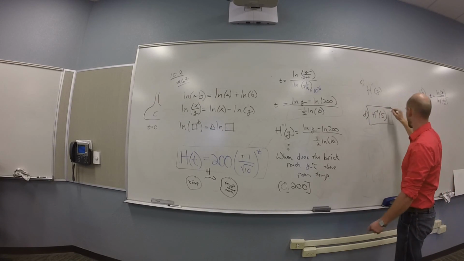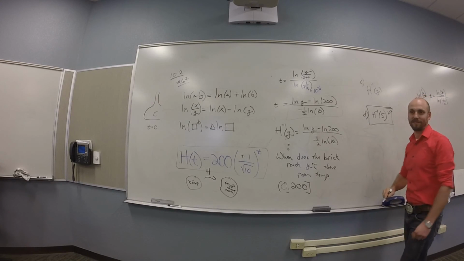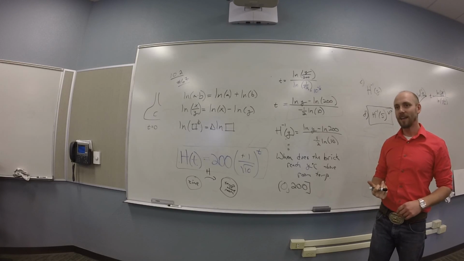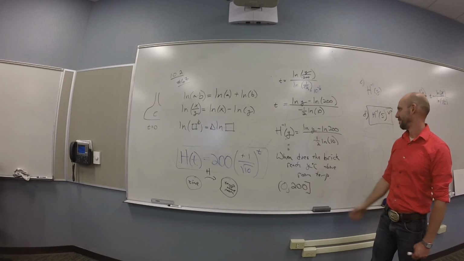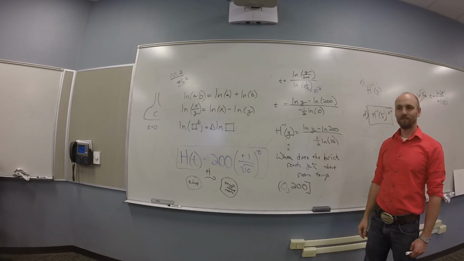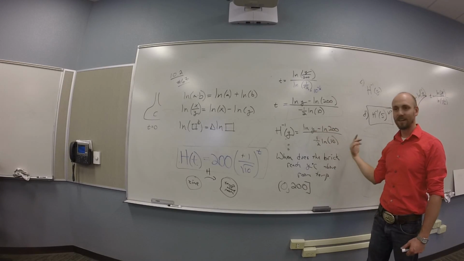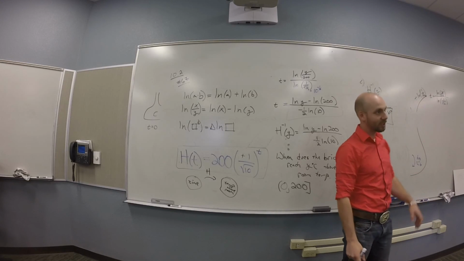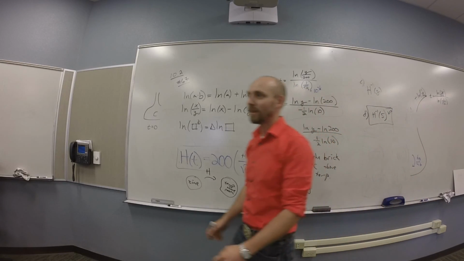It said find it in hours. Could you get a number out of that? Yeah, if you want to. Plug it in there. If you want an approximation, go for it. Otherwise, I'm willing to leave it as H inverse of 5 because I'm tired of this problem.